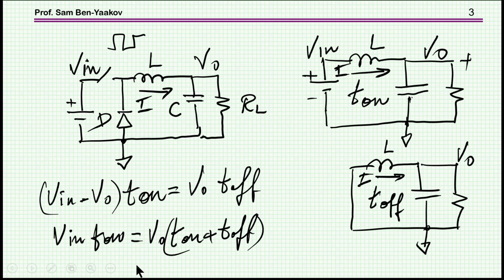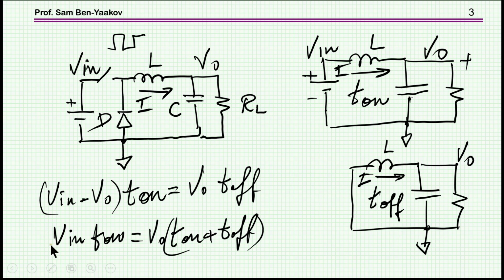Now we know that at steady state, and we are talking about steady state condition, the volt second during T on must be equal to the volt second during the T off, because the average voltage on the inductor has to be 0. So the volt second during T on is V in minus V out times T on, and during T off it's V out over T off.